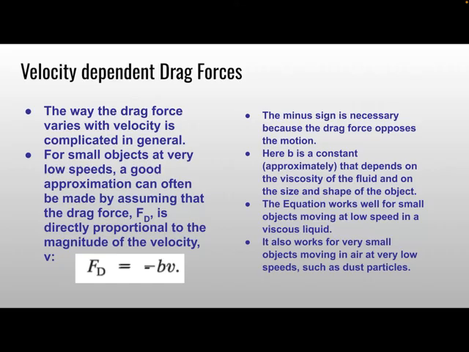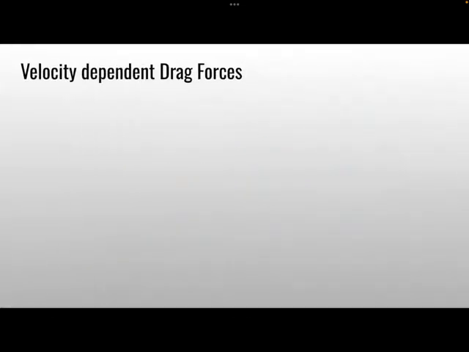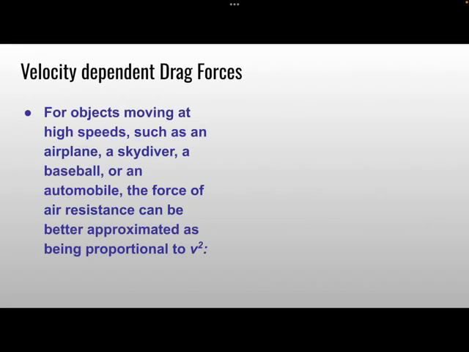Now, for objects that move at high speeds, like airplanes, a skydiver, a baseball or a car, the drag force or air resistance is approximated as being proportional to the square of the velocity.